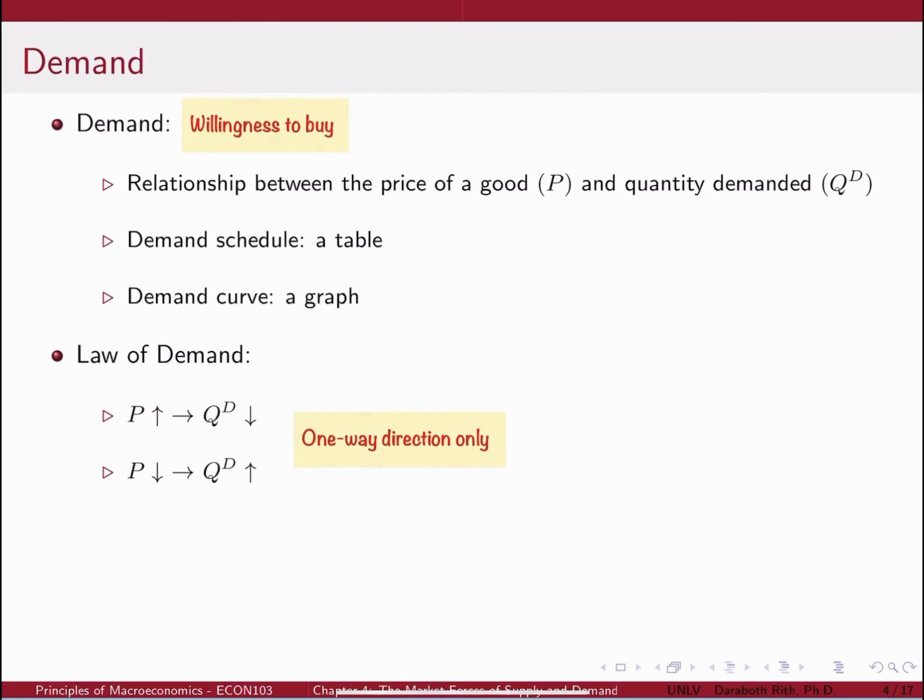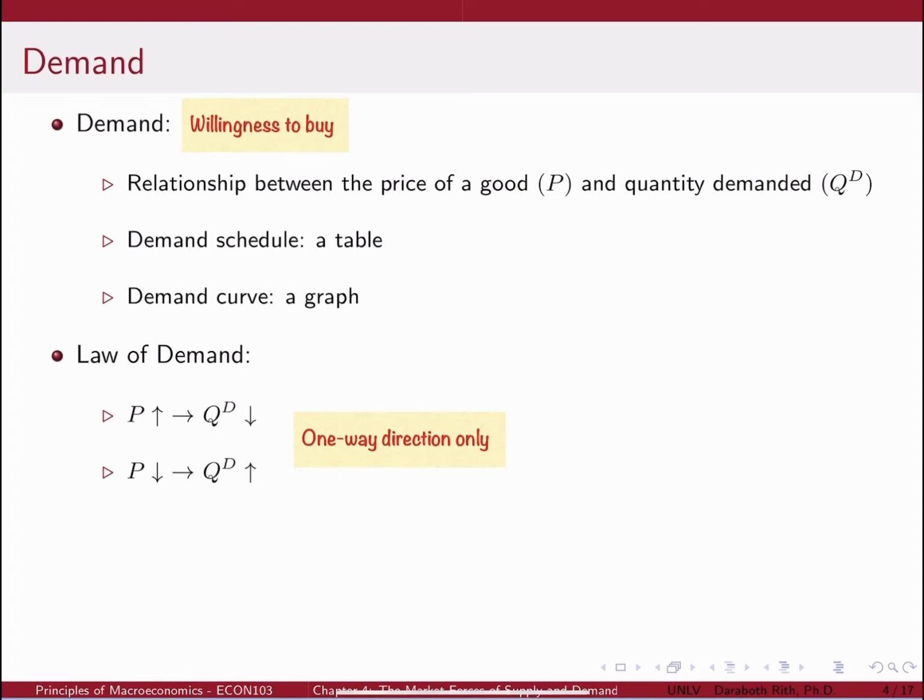Now let us take on demand. You have to put yourself in the position of a consumer or buyer. Demand is the willingness to buy, and it can tell the relationship between the price of a good and its quantity demanded. What is the relationship and direction? It is given by the law of demand, which is the inverse relationship between price and quantity demanded.